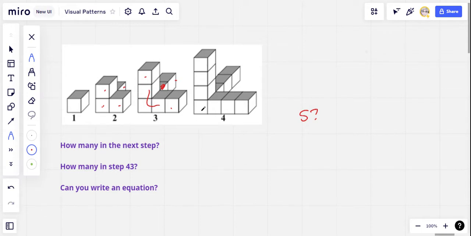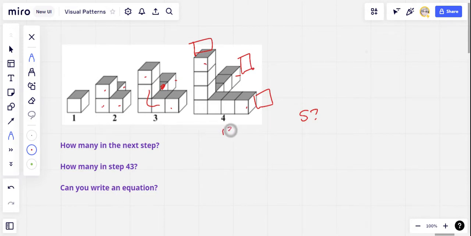And let's see, here's that L. Yeah, so that's a kind of a 3 wide L with a tail. And then we've added this one and this one and this one. So if I wanted to predict for step 5 just by using this visual intuition, I'd add a block up here, a block over here, and a block over here. And how many would that be? 1, 2, 3, 4, 5, 6, 7, 8, 9, 10, 11, 12, 13.